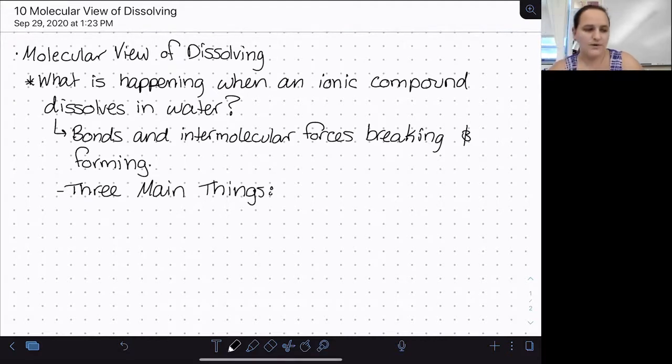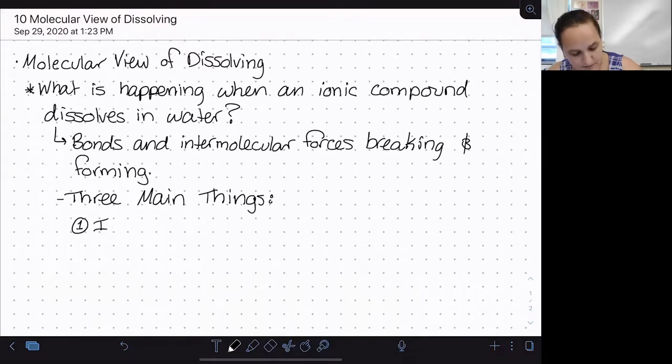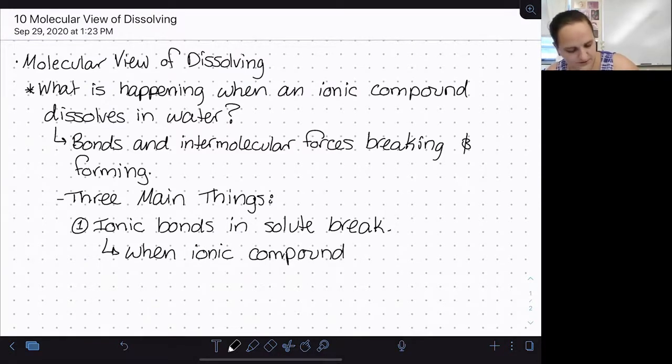The first is the one that we've essentially already talked about, is that our ionic bonds need to break. So the ionic bonds in the solute break. So we've discussed in previous videos that when ionic compounds dissolve, they break apart into separate ions. And we've seen a bunch of examples of this. We've used this to write ionic equations.